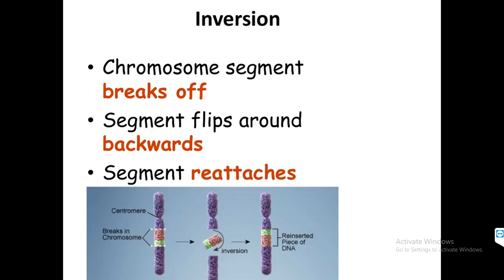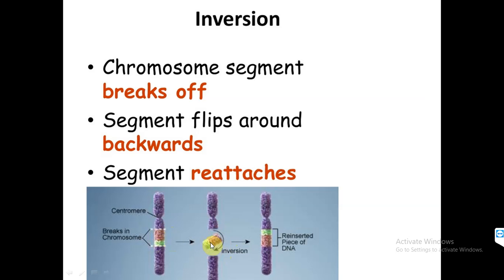Now inversion. What happens in inversion? There is a change in a particular area of the gene and it rotates about 180 degrees. So a chromosome segment breaks off and the segment flips backwards. You can see the arrow is there and the 180 degree flip is there.